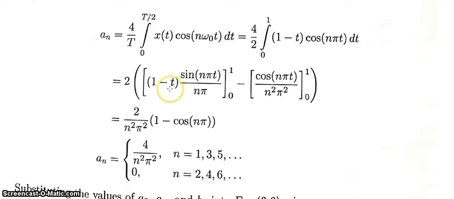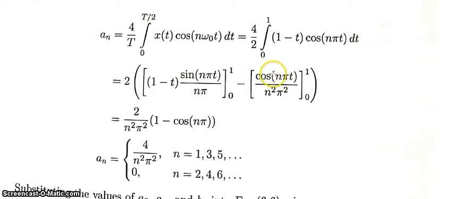This is 1 minus t, the first function, into the integral of cos n pi t, which is sin n pi t by n pi. The first term is over; we just need to substitute the upper and lower limits. Minus the integral of the derivative of the first term. 1 minus t is the first term, so its derivative is minus 1, and again the integral of cos n pi t is sin n pi t by n pi. So when we again integrate sin n pi t, the integral of sin n pi t is minus cos n pi t.